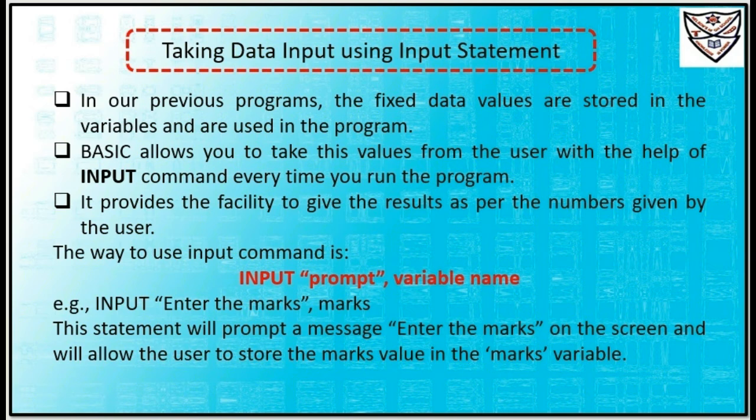Taking data input using the input statement. In our previous programs, fixed data values are stored in the variables and used in the program. BASIC 256 allows you to take these values from the user with the help of the input command. Every time you run the program, it provides the facility to give results as per the numbers given by the user.